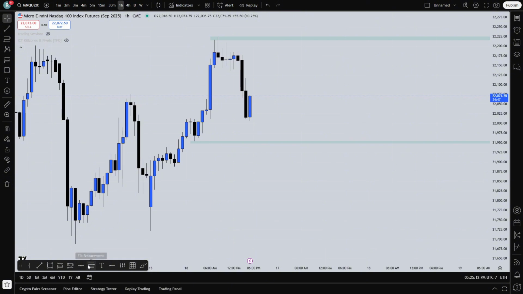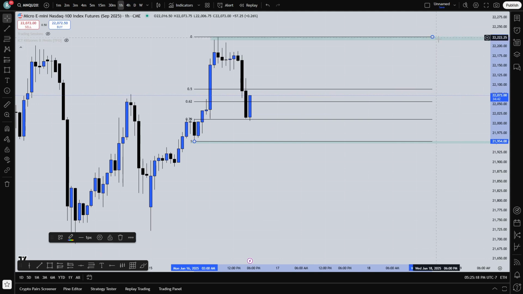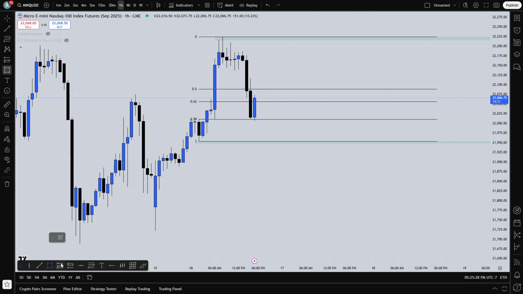As you can see, when we use the fib retracement tool from the bottom to the top, price rejected from it, and now it is rejecting off our 0.79 level. This right here is called our OTE.